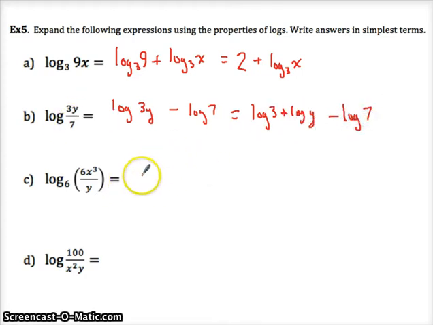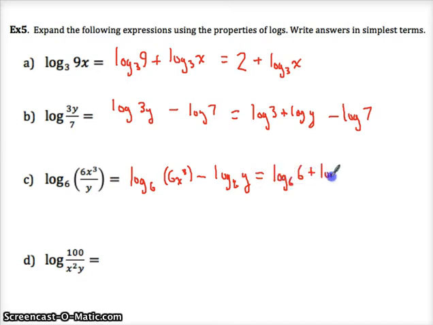Log base 6. Okay, and then this is going to be a big subtraction in the first place. Log base 6 of 6x cubed minus log base 6 of y, and then of course this thing I can separate out as a sum. Log 6 plus log 6 of x cubed minus log 6 of y.